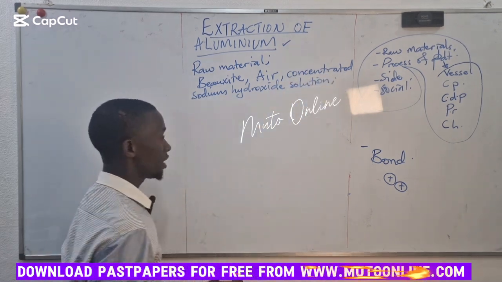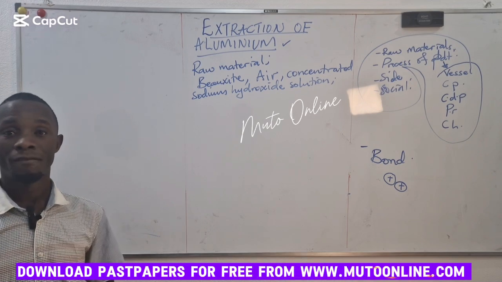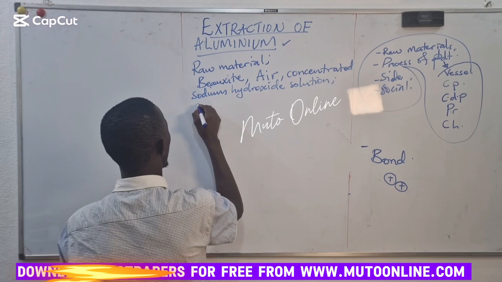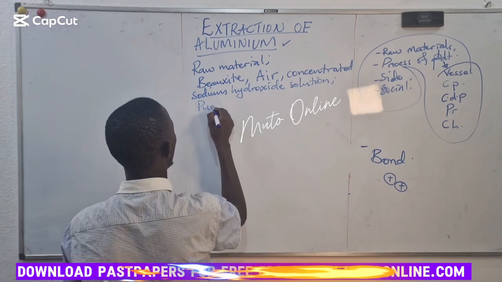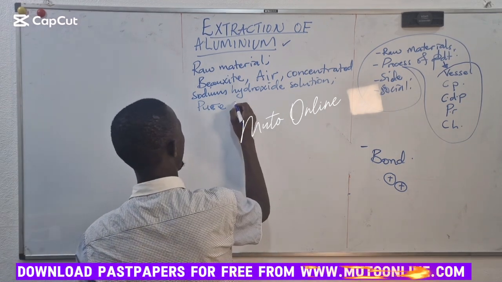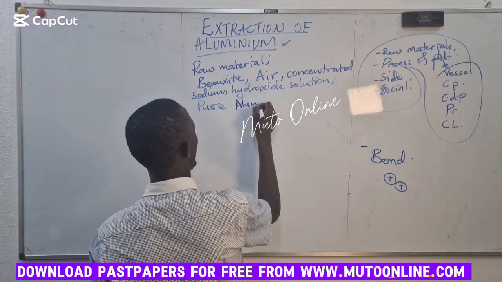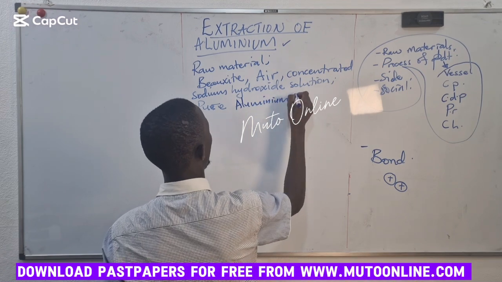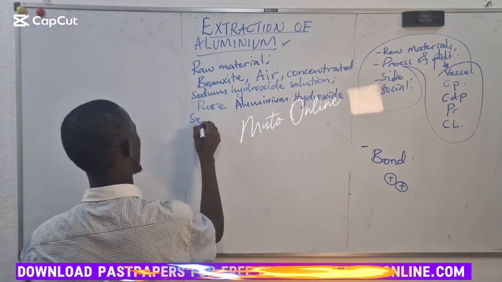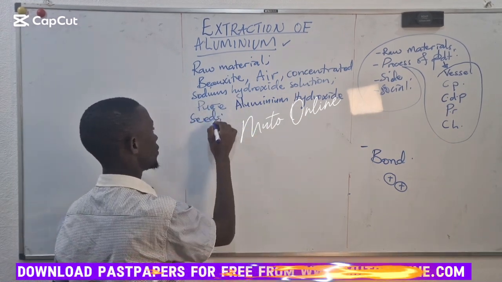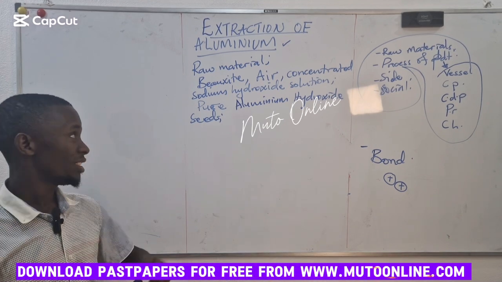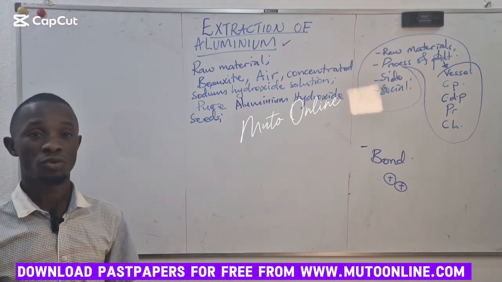This is also a very important raw material. We shall as well need pure aluminium hydroxide, small crystals of pure aluminium hydroxide. All these are requirements in this process of production.